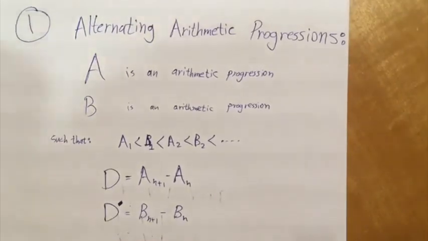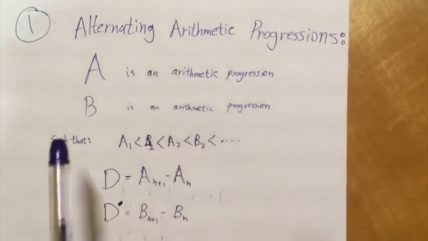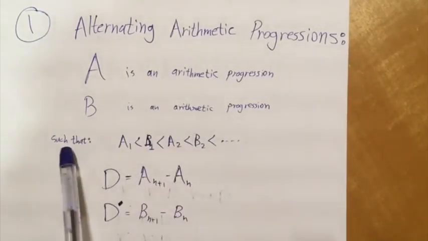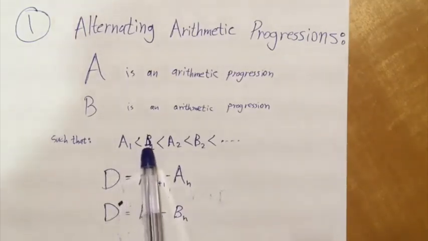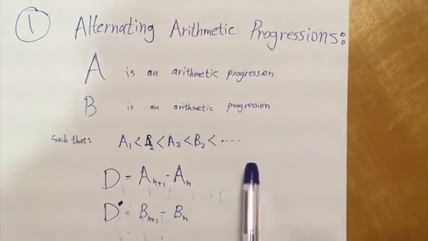Okay, so in this part we're going to try to understand alternating arithmetic progressions. The setting is that you have an arithmetic progression A and an arithmetic progression B, such that a1 is less than b1, is less than a2, is less than b2, all the way up.